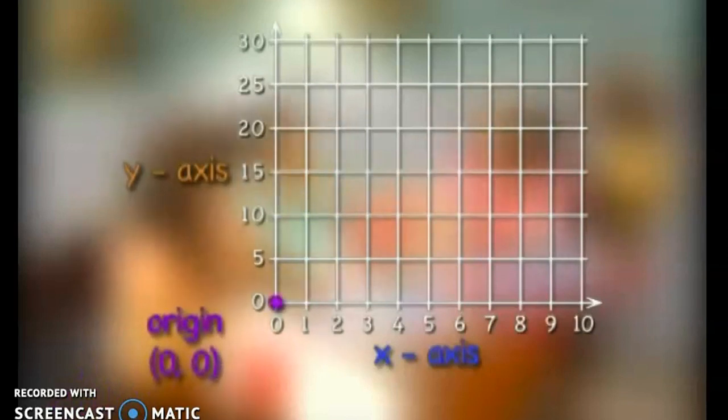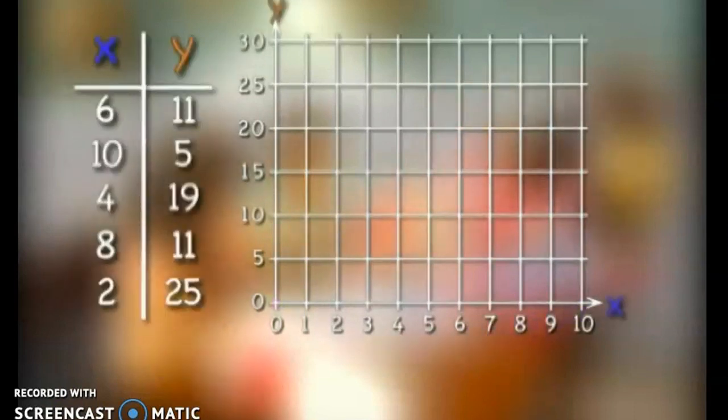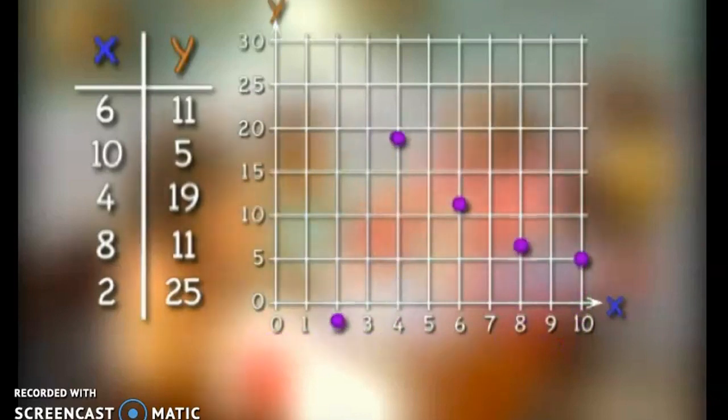Each pair in the relation is represented by a point, and the ordered pairs provide the coordinates of those points. So to plot the point 6, 11, start at the origin, count 6 along the x-axis, and 11 in the direction of the y-axis. Do the same for the other points in the list, and you have graphed the relation.